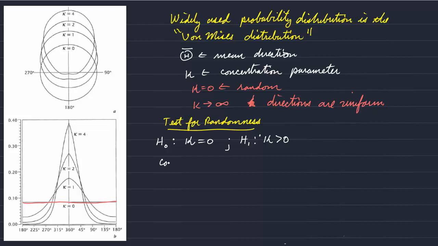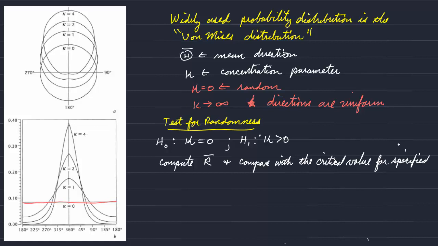You just simply compute the normalized length of the resultant vector and compare that to a critical value of r based on the specified level of significance. And of course, we need to consider the number of measurements in our sample.